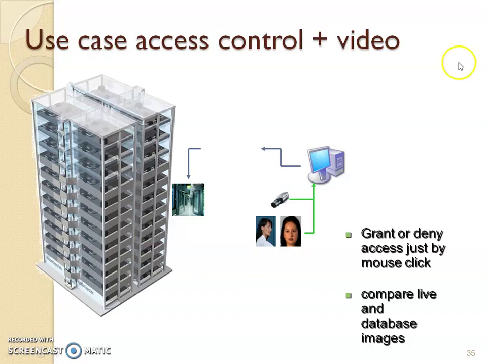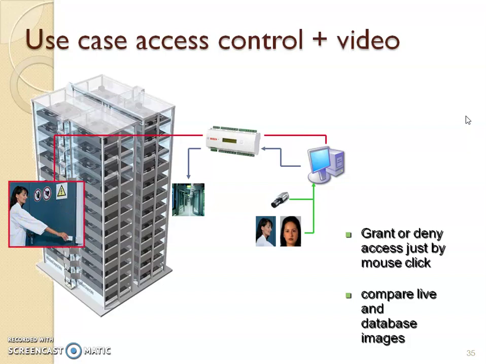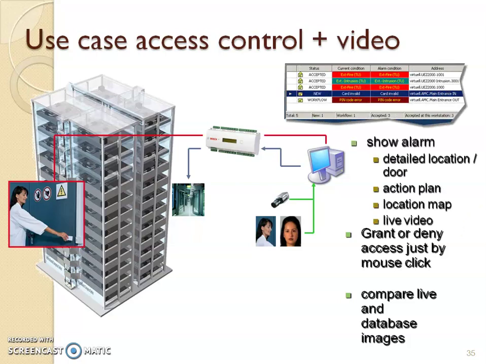In the sense, the person who is entering the building can be viewed by the user or the owner. As you can see here, the system can be well integrated by recognizing the person's face, and then the system can automatically grant access.